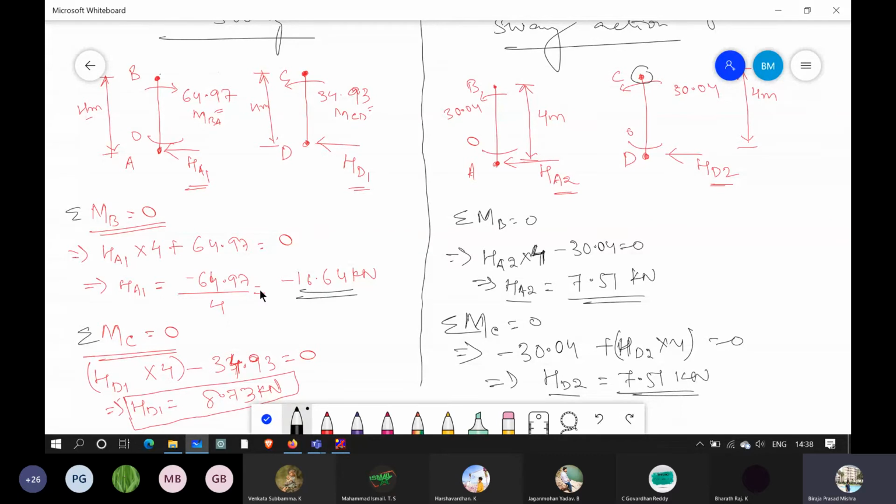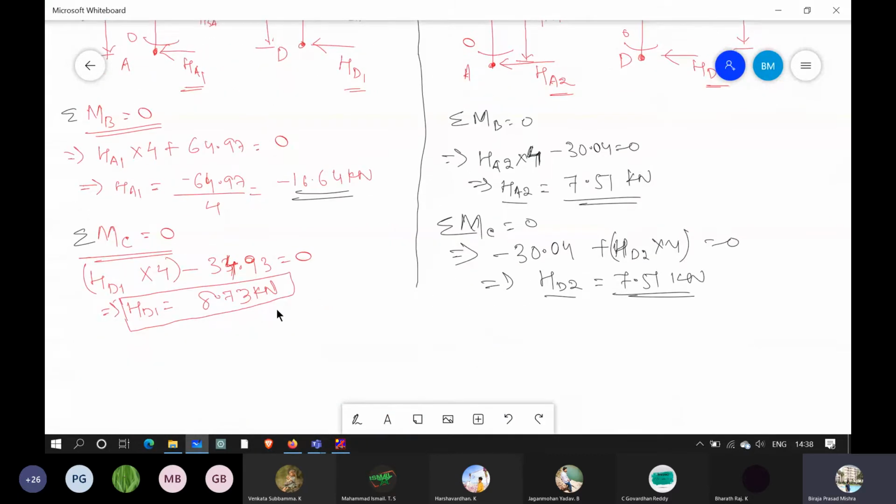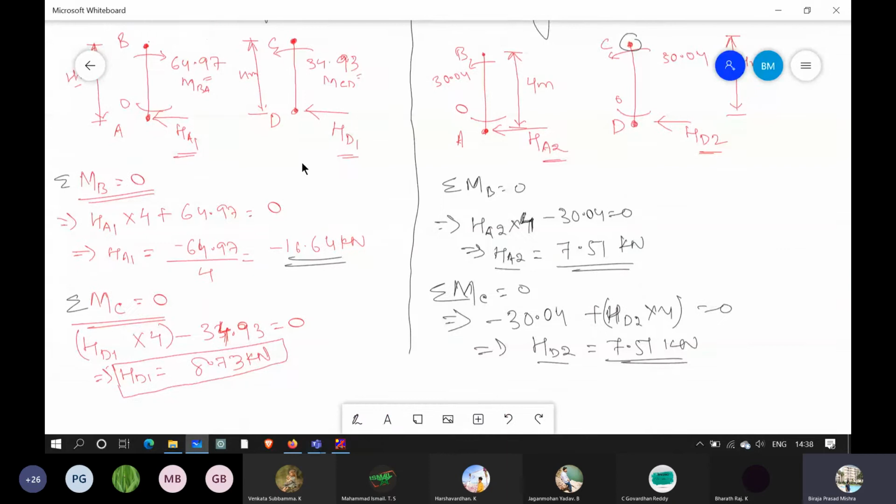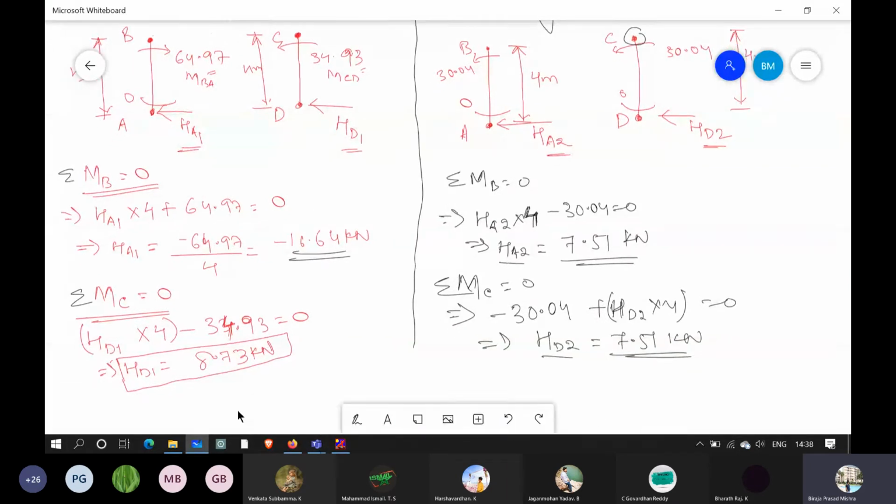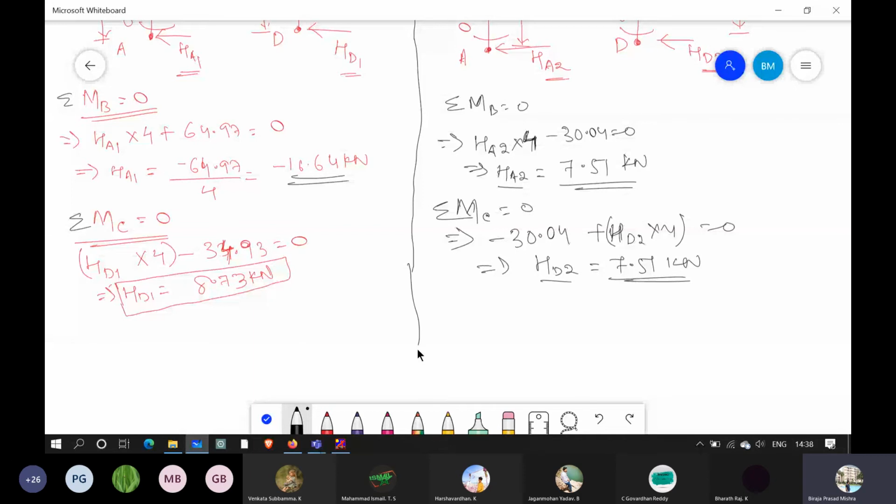Now for this total one, HA plus HA1, the shear force, let us say H non-sway, HNS, equals HA1 plus HD1, that is equal to minus 16.24 plus 8.73.